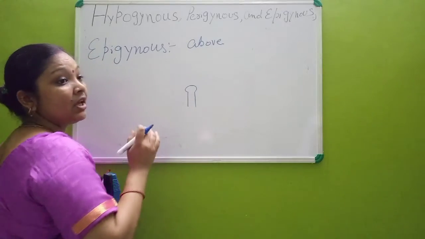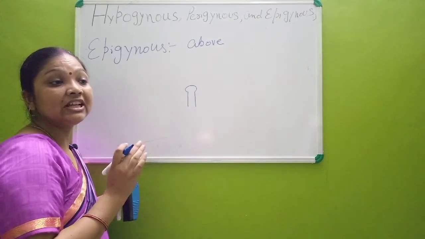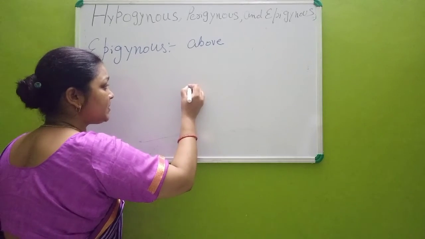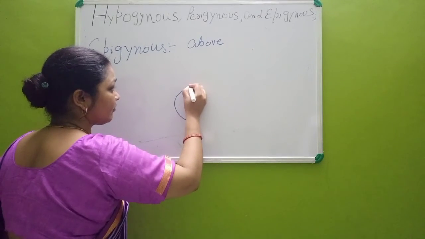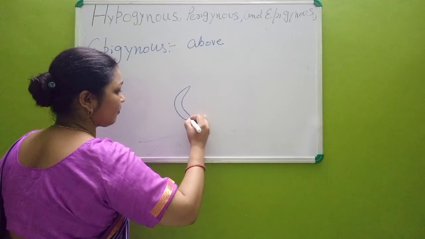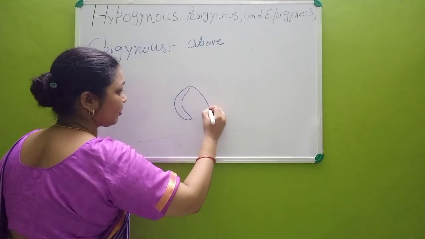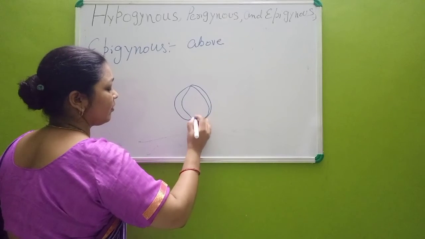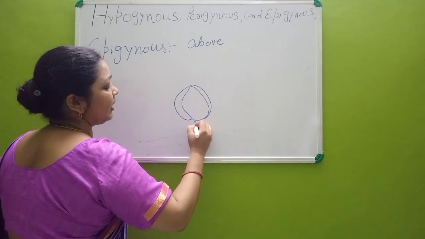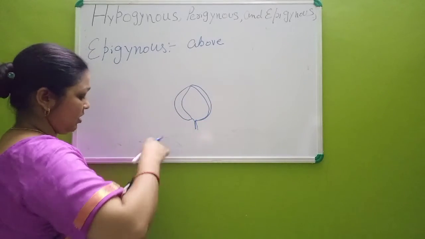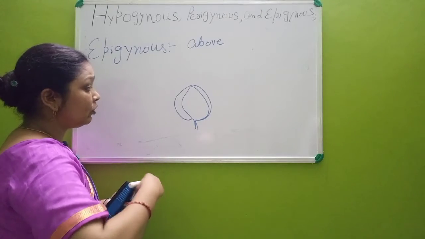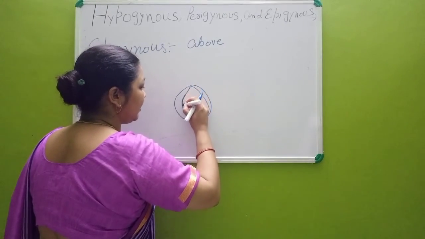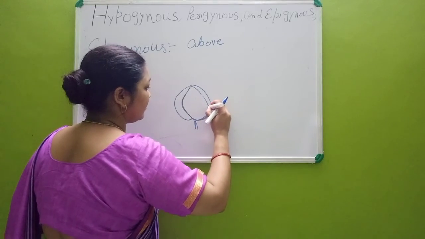This was the thalamus. Now in this, the thalamus covers the ovary. This changes and forms a cover-like structure, and the ovary will be present here, that is inside it.